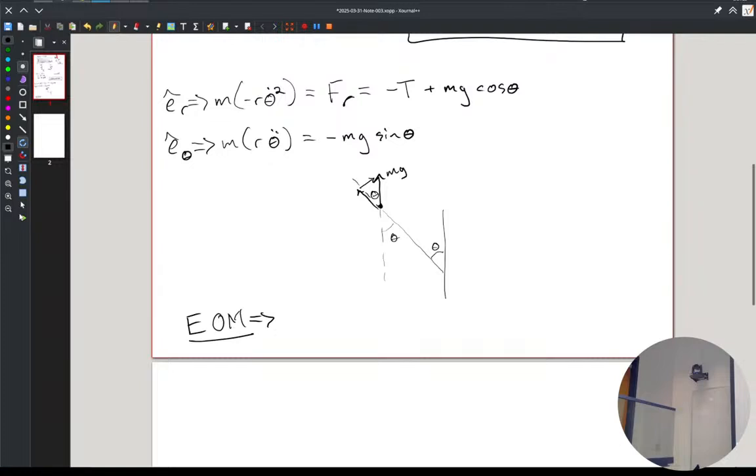Like if this was a spring, then we would have... In this case, it's changes to theta and r, but r is constant.